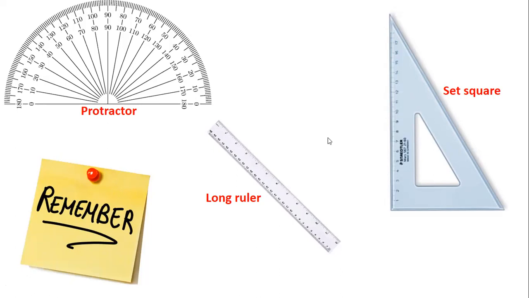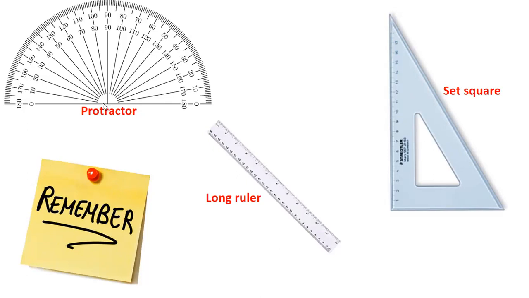I'm still talking about the rulers, because these rulers, we should know how to use them. In the protractor, we have a 0 line. If we put this line on the line of the angle and this point on the vertex of the angle, we start counting 0 degrees, 10 degrees, 20 degrees, 30 degrees, 40, 50, 60, 70, etc., until we arrive at 180.